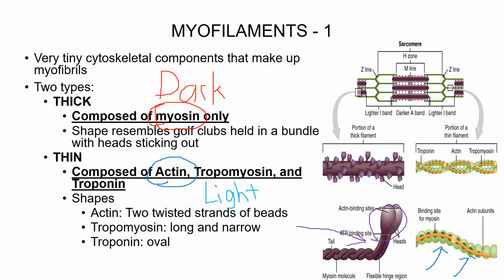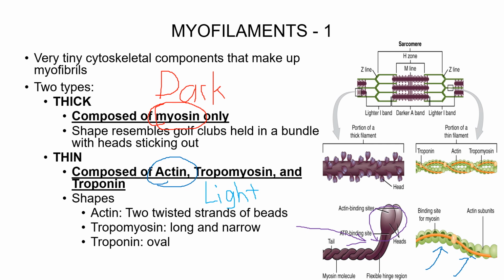Striations, all they are is the alternating patterns of these two proteins. So if you take a look at the picture in the upper right hand corner, what you'll see is myosin and actin, just a little bit smaller.